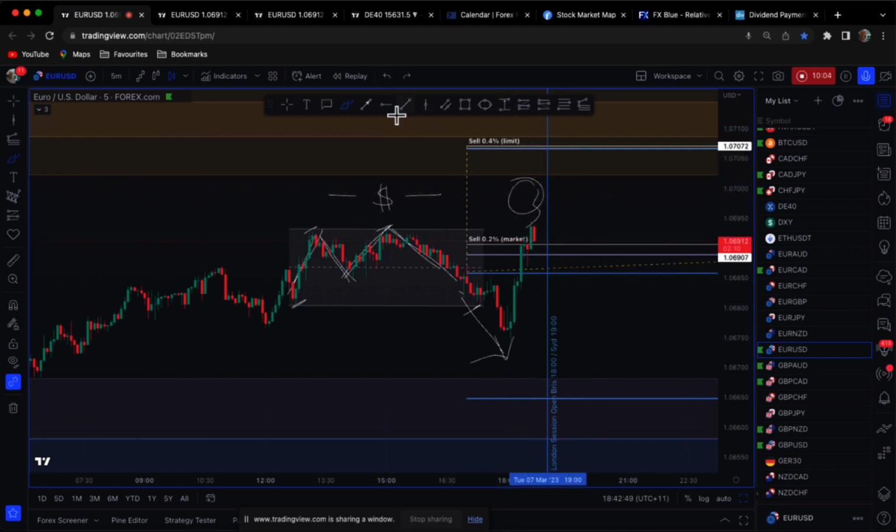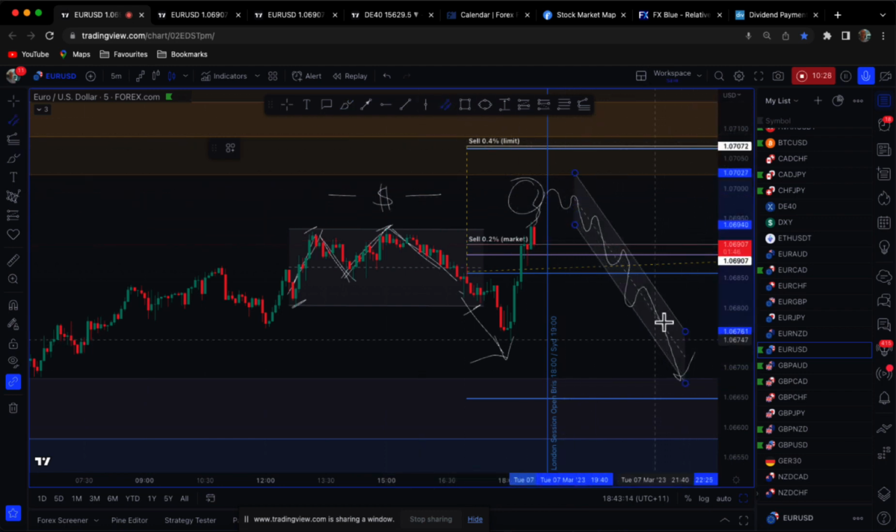If this plays out, the thing to look for, even on a 3-minute chart, is I want to see this trade a bit higher and then let it rotate. You want to see this form lower lows, lower highs, but you want to get in early.